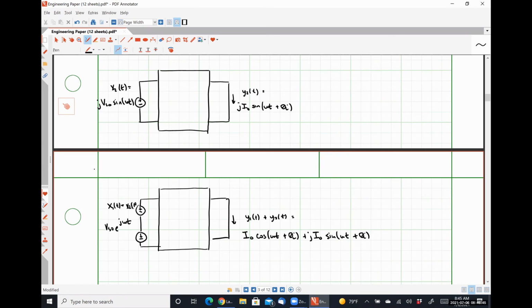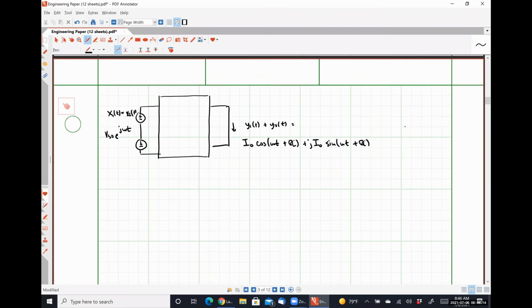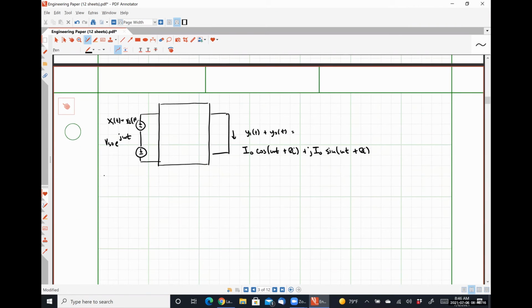What that means is that if we analyze a circuit using a complex representation of our voltage and a complex representation of our current, we can get the exact same answer that we would have gotten by analyzing it with a sinusoidal signal for our input and expecting to get a sinusoidal signal as our output, but we get to use complex math, which turns out will be much easier to do. So let me explain.